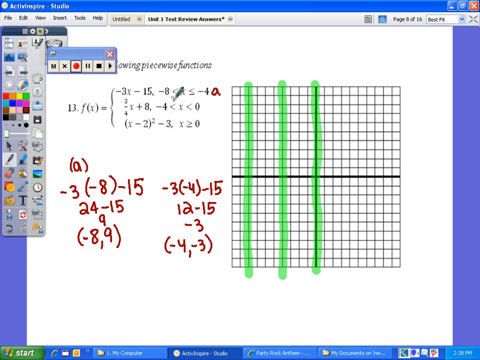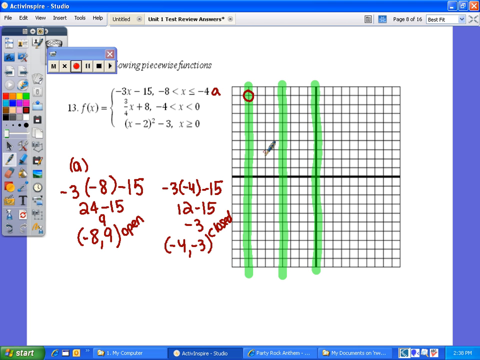Now, there is no line here, so this is going to be an open, unincluded circle. And there is a line here, so this is going to be a closed, included circle. So now at -8, 9, I have an open circle.